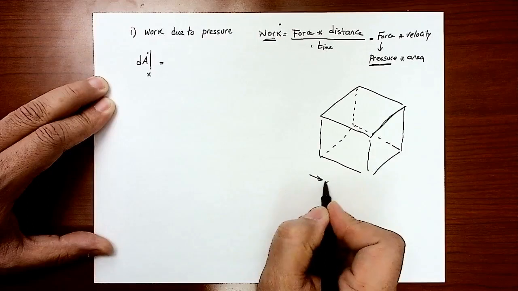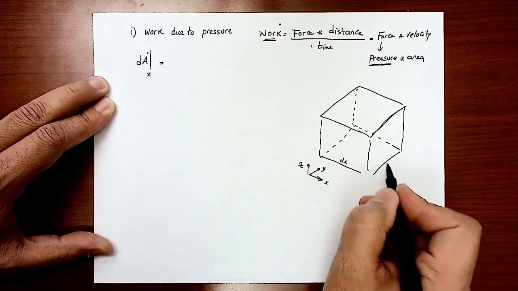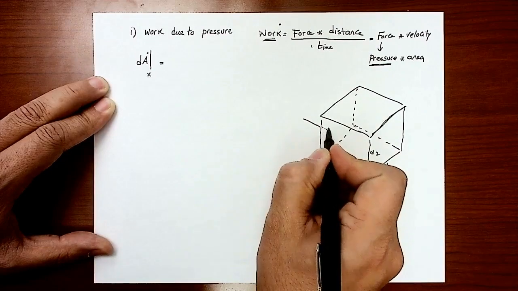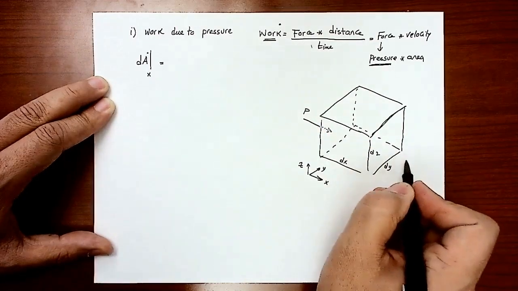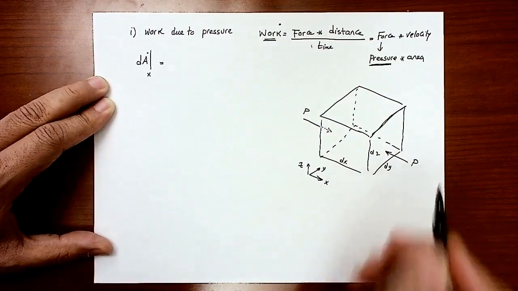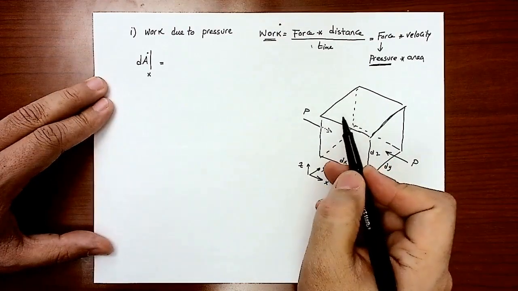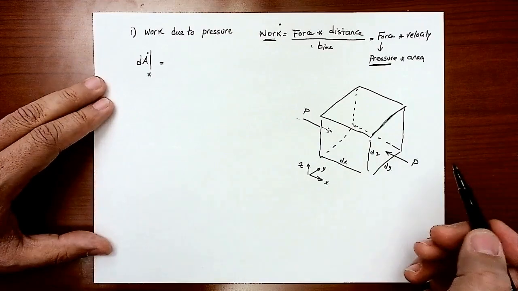Again, this is the x direction, this is y, this is z, this is dx, dy, dz, and we're looking for the pressure in that back face. And there's also a pressure over that face, right? So the pressure times the area will give me a force, and there's a velocity in that direction for the fluid. So that's how the work will come out.